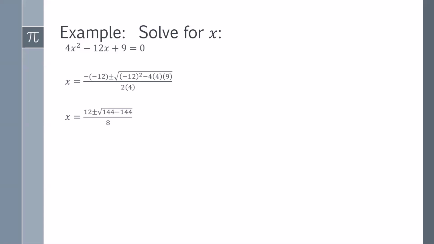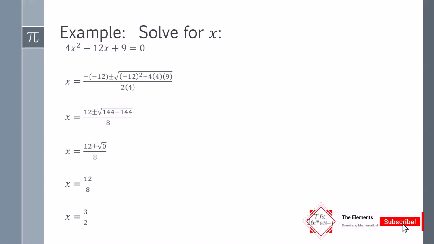So doing a little bit of arithmetic, x is going to be 12 plus or minus the root of 144 minus 144, over 8, or 12 plus or minus root 0 over 8, or 12 over 8, which is 3/2. So the only solution here is x equals 3/2.